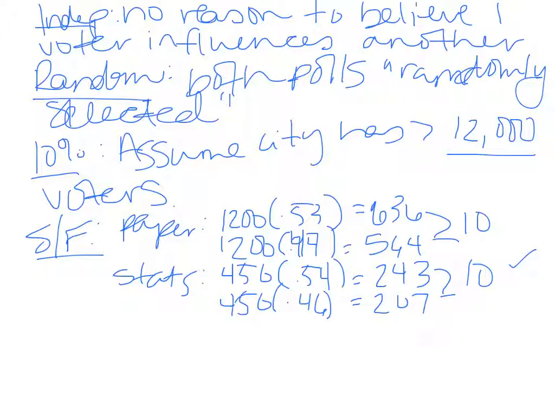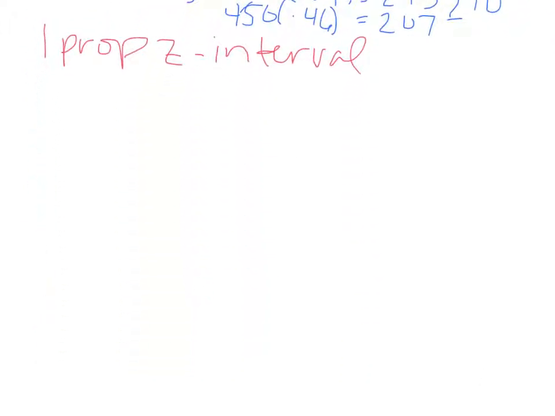So remember, we have to name what we're going to do here. So we're going to do a 1 proportion z interval. Okay, so let's do both of those. For the paper, remember they had a 53% sample proportion.